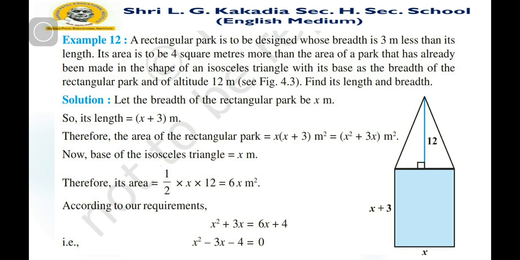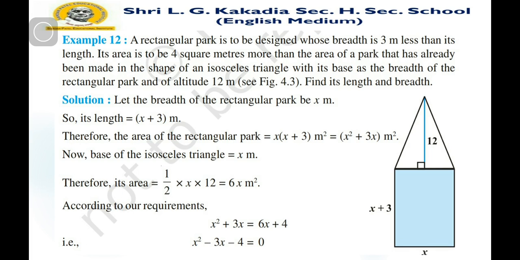Its area is to be 4 square meters more than the area of a park that has already been made in the shape of an isosceles triangle, with its base as the breadth of the rectangular park and of altitude 12 meters. Find its length and breadth. So firstly we have to assume its breadth and length to find the solution of the given equation.